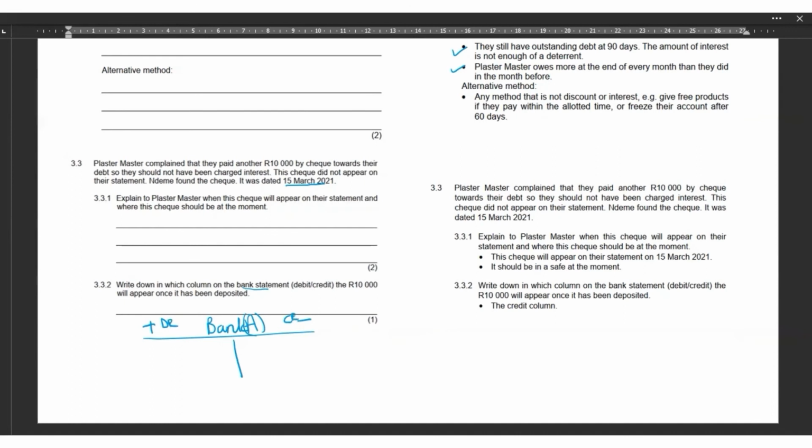So when we do it in our books, we're going to debit through the CRJ. However, your bank statement, the one that you get from your bank, mirrors this one. So it's always going to be opposite. So your bank statement is going to show it on your credit side. Okay.